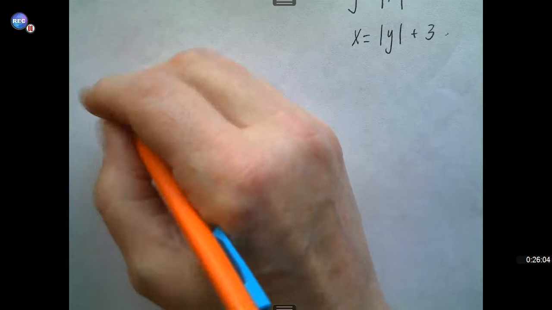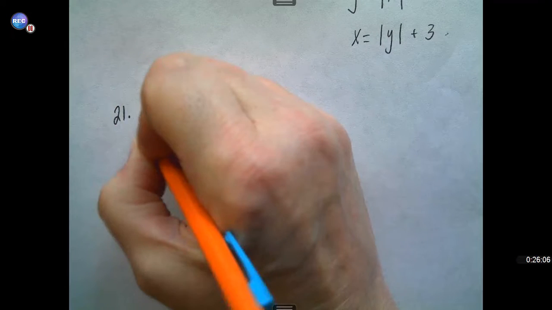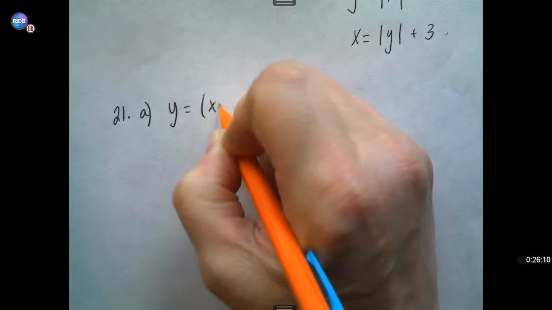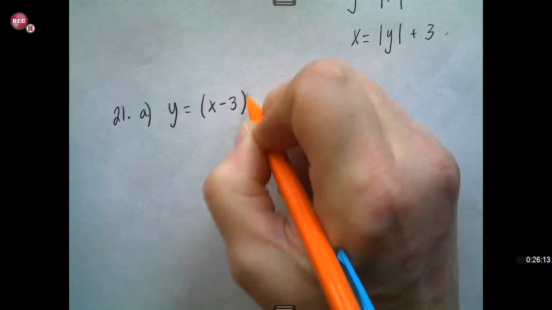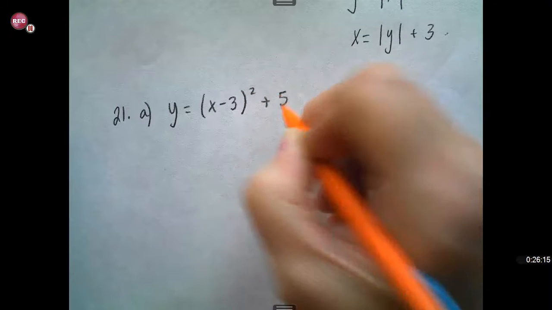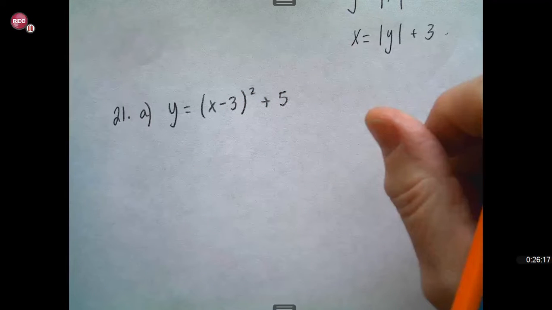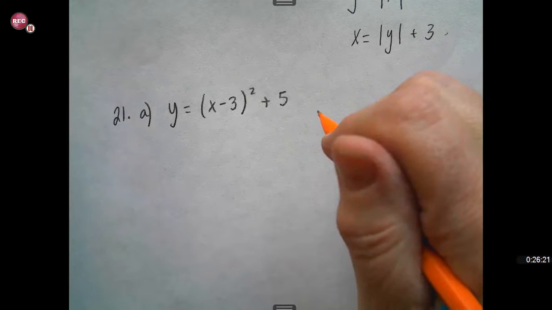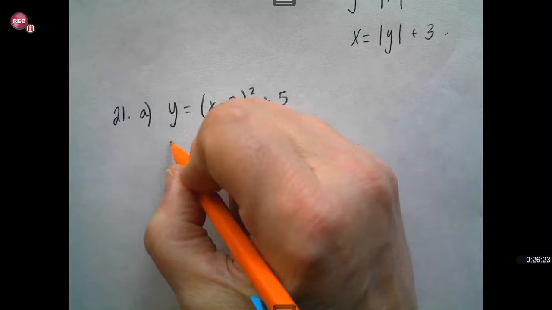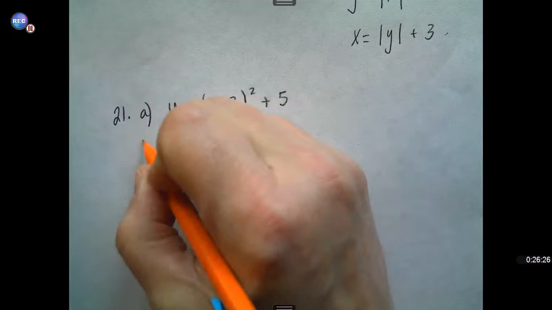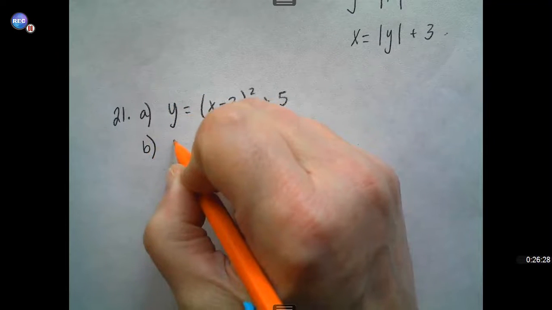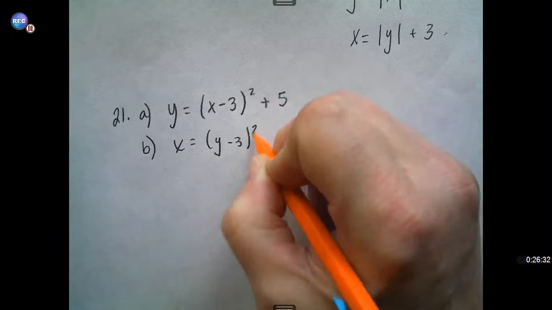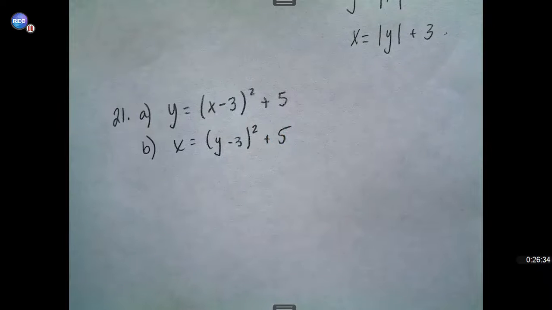So number 21A is y equals the quantity x minus 3 squared plus 5. And we're supposed to graph that. And then we're also supposed to graph on the same set of axes x equals y minus 3 squared plus 5.